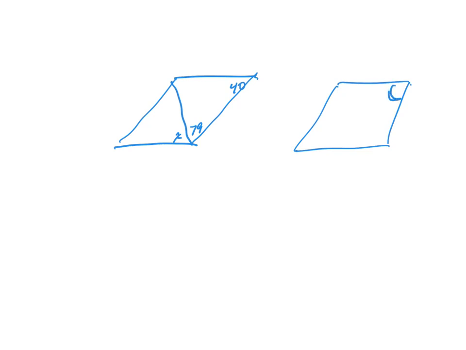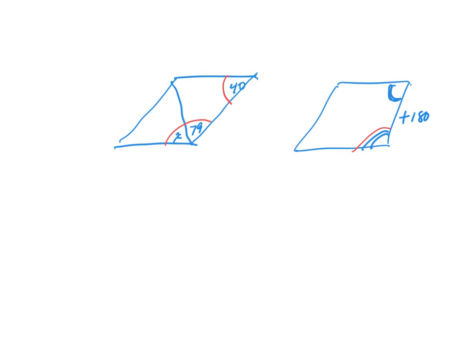That means that this guy here plus this guy here add up to 180, right? Well, the x and the 79 make up this guy. So this guy plus this guy equals 180.